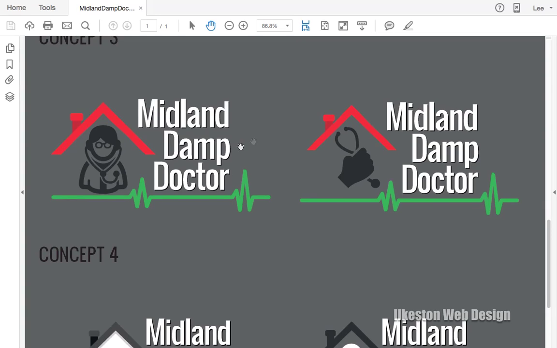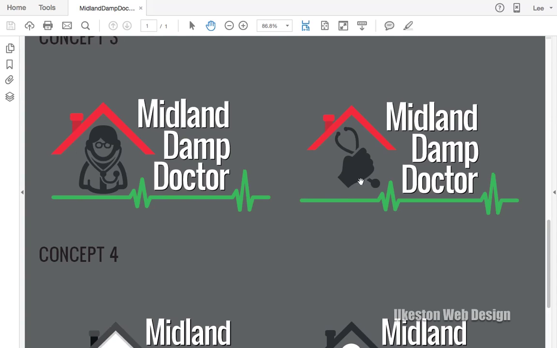So concept 4, I've put these two side by side because the focus on this is using an icon within the logo. If we take the one on the left hand side first of all, using the doctor, we've got this pictogram, we've got the roof there as well, so it's focusing on that home, the property, and again we've incorporated the heart rate at the bottom.